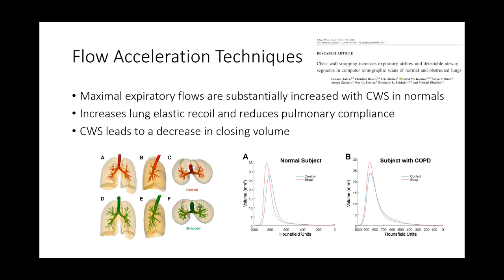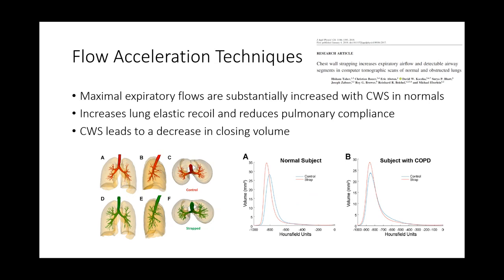And what this does is it provides a maximum expiratory flow that is increased in normals, and that's what's been shown to happen. But you also see increases in lung recoil and reductions in pulmonary compliance. The increase in the lung recoil with the chest wall strapping might explain the observed increase in the maximal expiratory flows. And remember, expiratory flows are what moves secretions.